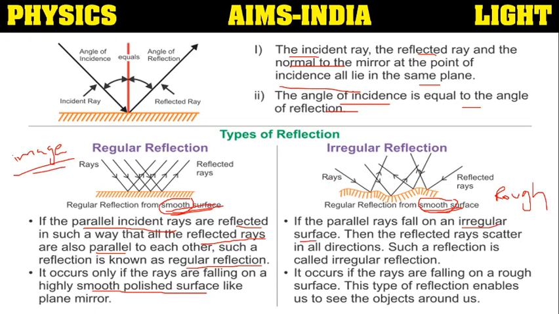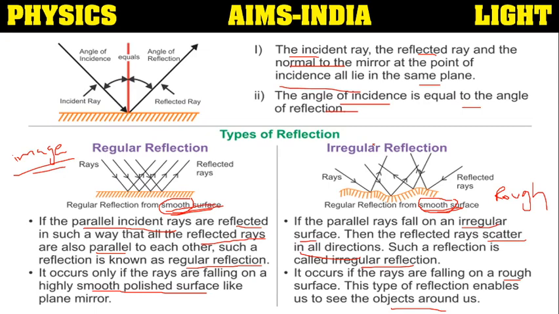Then the reflected rays scatter in all directions, meaning they deviate in all directions. Such a reflection is called irregular reflection. It occurs because of rough surfaces. We are able to see all the objects around us only because of this irregular reflection. The reflection from all directions reaches our eye, and we are able to observe the objects which are available in all directions.